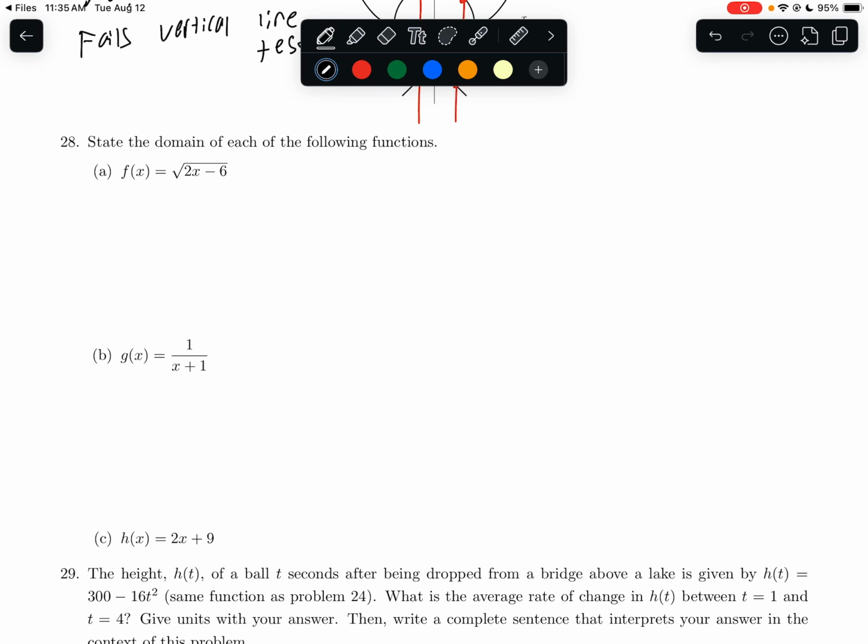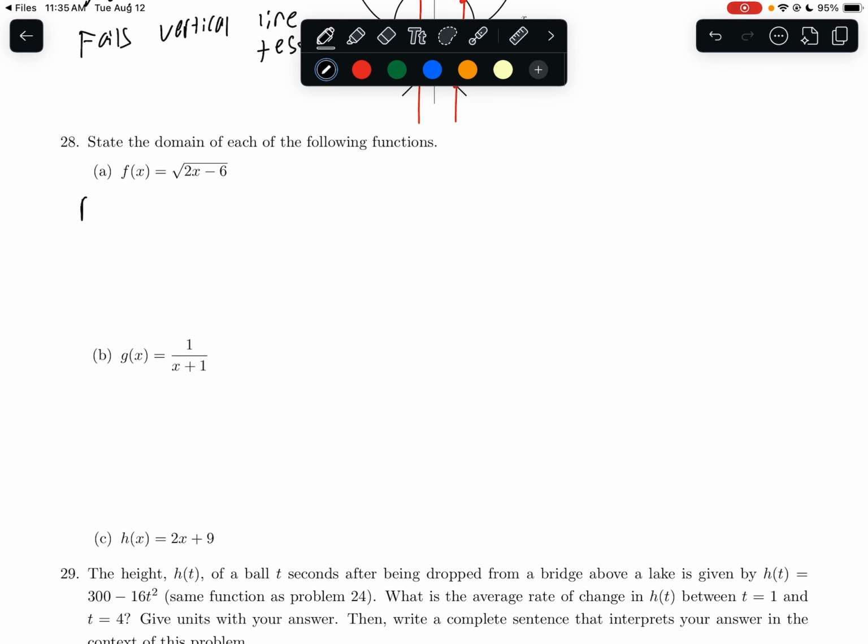For the next ones, we're looking at the domain. So in order to compute the domain of a function, you can alternatively find what values for the input x make the function not defined there.